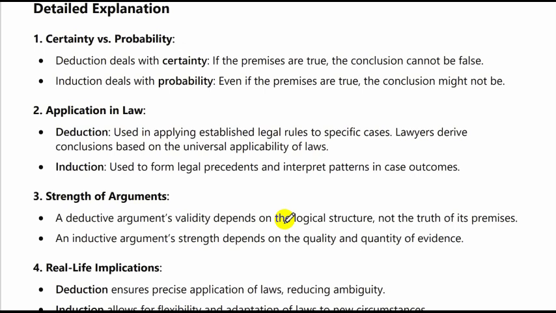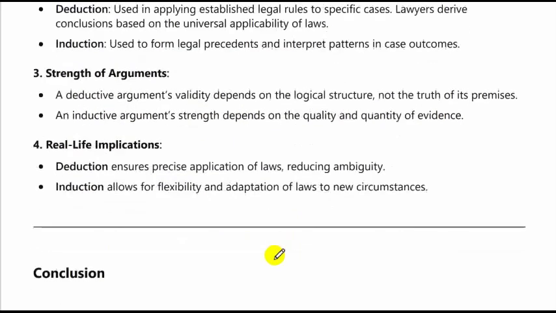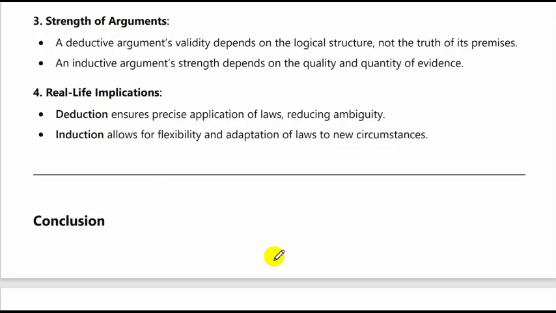Strength of arguments. A deductive argument's validity depends on the logical structure, not the truth of its premises. Whereas an inductive argument's strength depends on the quality and the quantity of evidence. Real life implications. Deduction ensures precise application of law, reducing ambiguity.